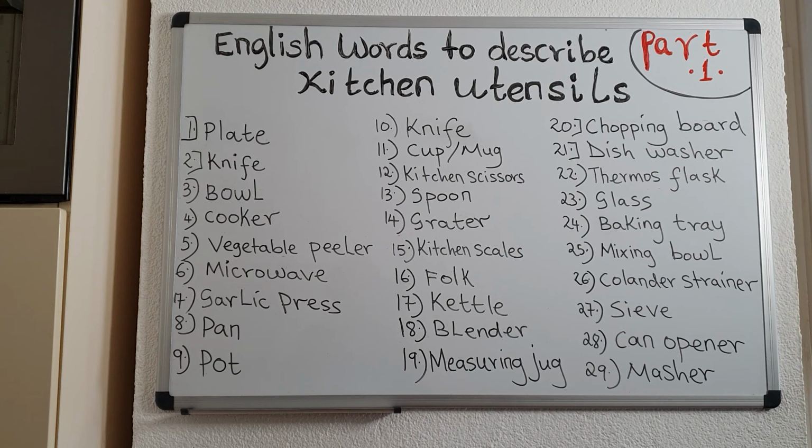The next word is sieve. Sieve. Now, we use a sieve to sieve tea, for example. I will explain. You put tea leaves inside your pan, and then you pour some water and you let it boil. Now, if you want to remove the tea leaves, then you use a sieve. So we use a sieve to strain different types of liquids.